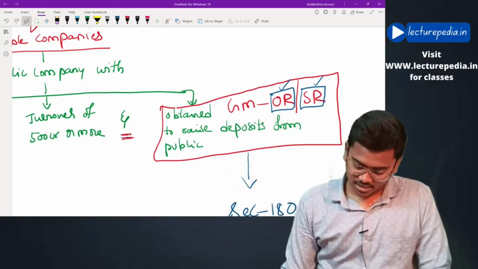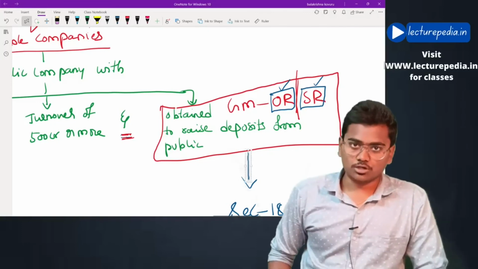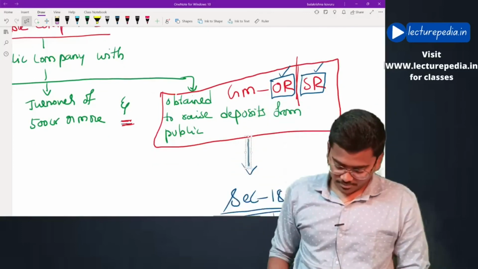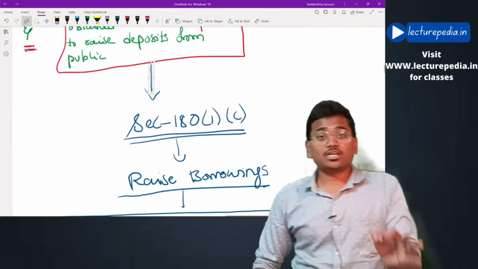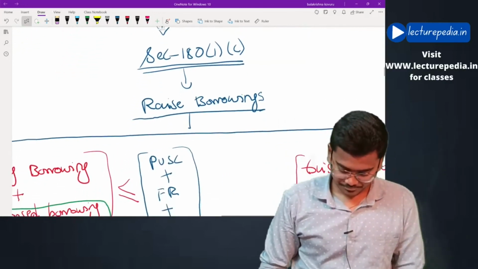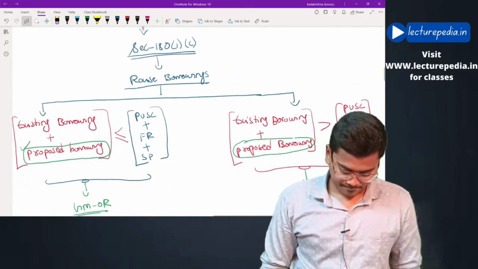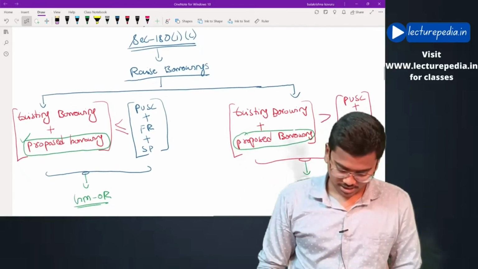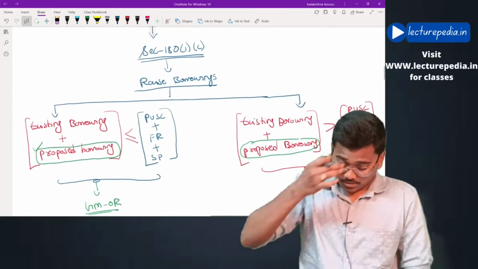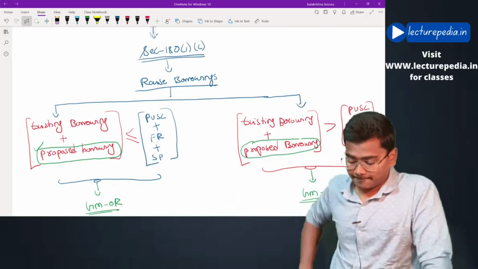There you keep oblique and write ordinary resolution also. Now below that point write this section number 180 subsection 1 clause C. Sorry, I missed it to explain. You can make a note of this.